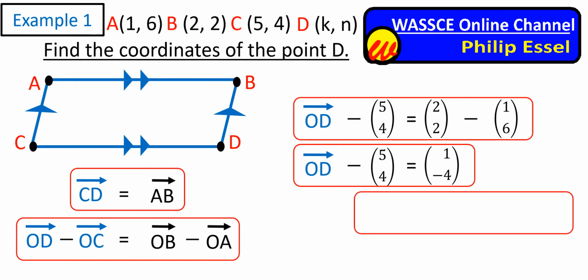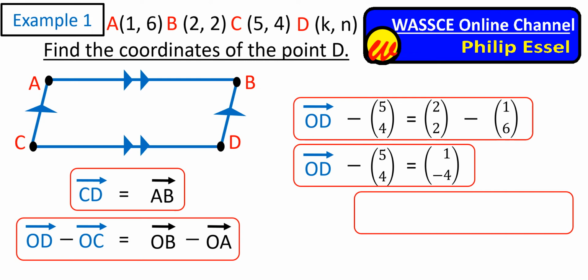To get the vector OD, we would have to move the vector 5, 4 to the other side of the equation, so that we are left with just the OD. And when it goes there, it will be negative. Sorry, it will be positive. Remember, it is already negative here, negative 5, 4. So when it goes there, it will be positive 5, 4.